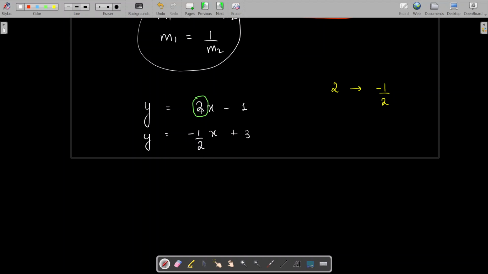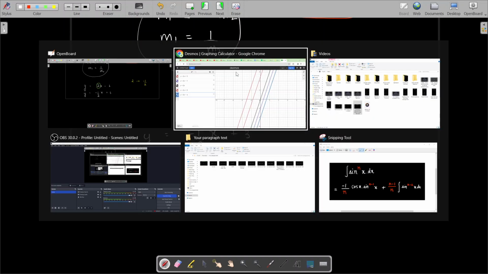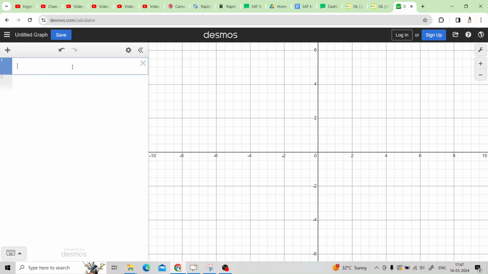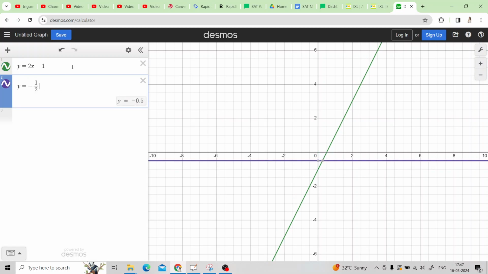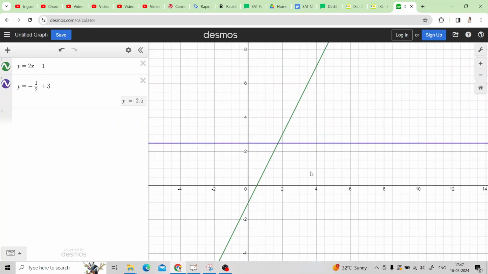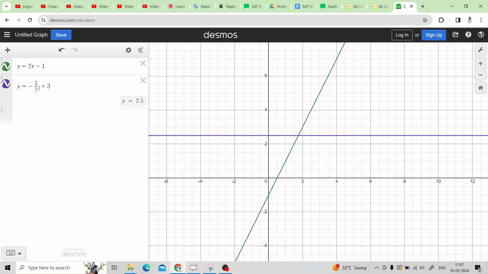So let's go to Desmos and plot these two equations. y equals 2x minus 1 and y equals negative 1 over 2 x plus 3. Something is not right.